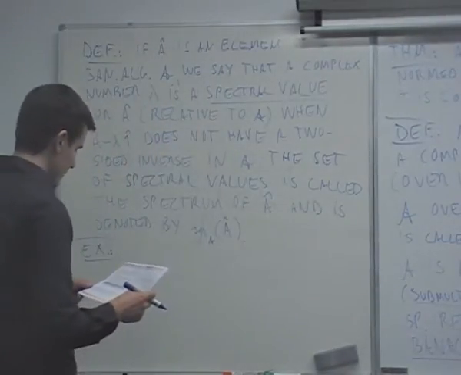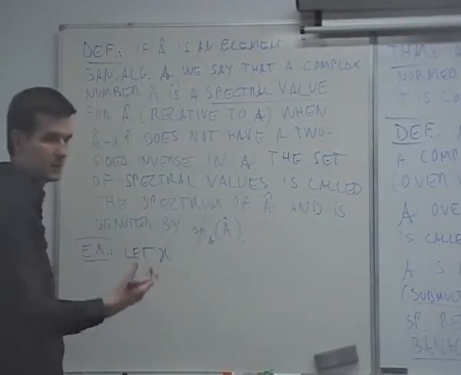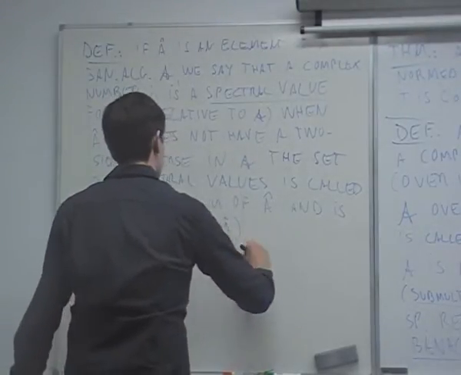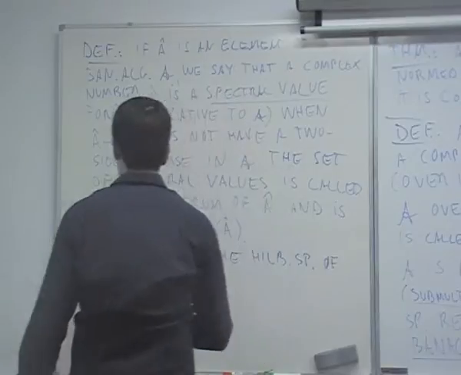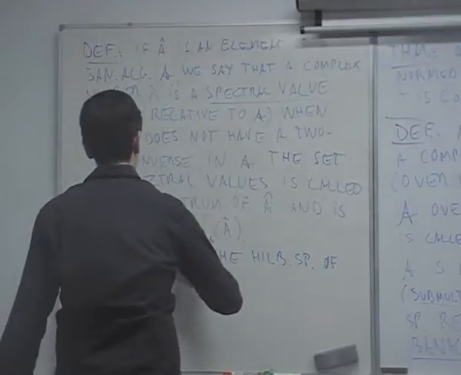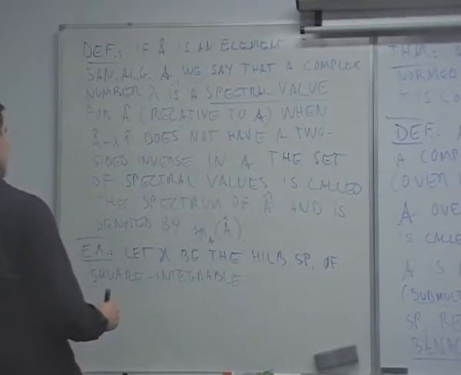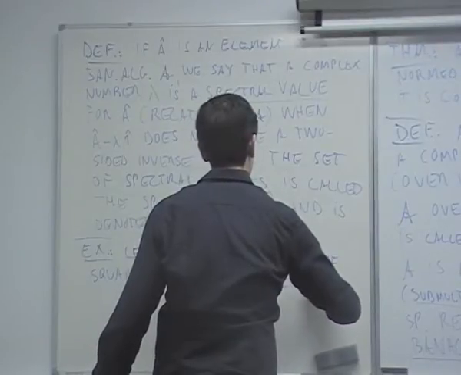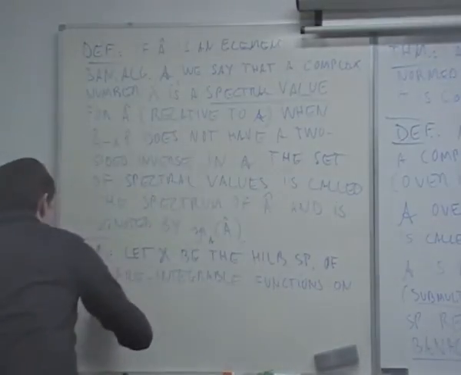So the example is, at the same time giving us another Hilbert space, that H be the Hilbert space of square integrable functions on the unit interval.